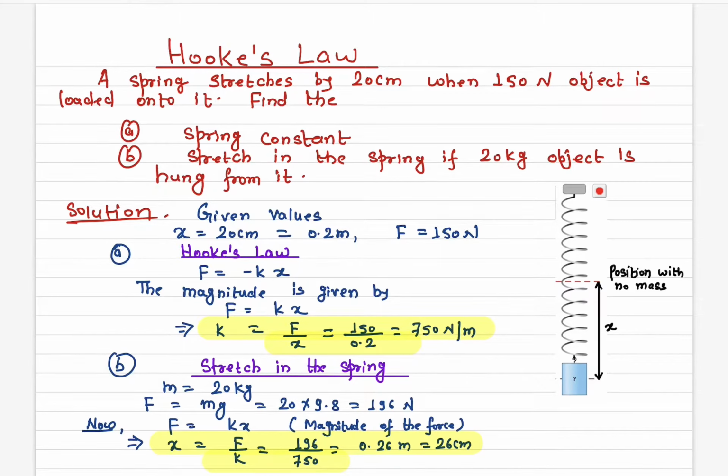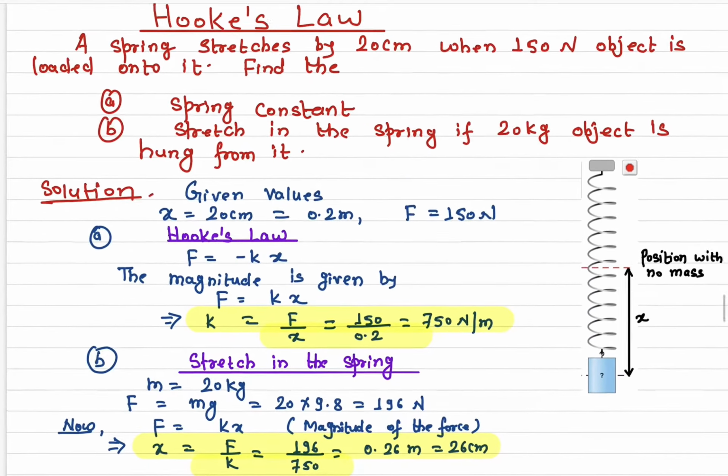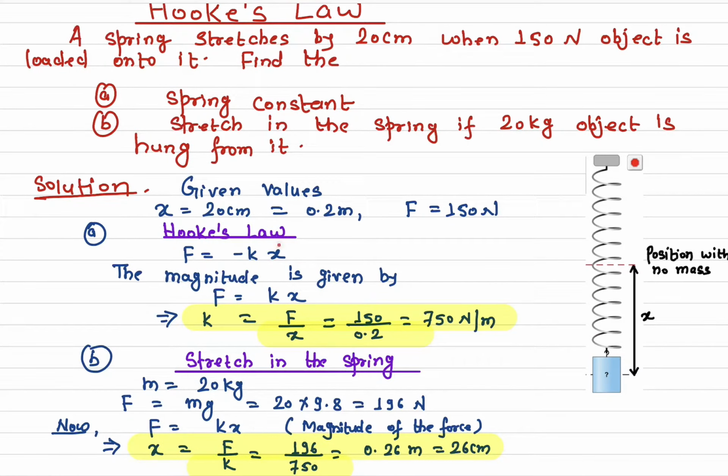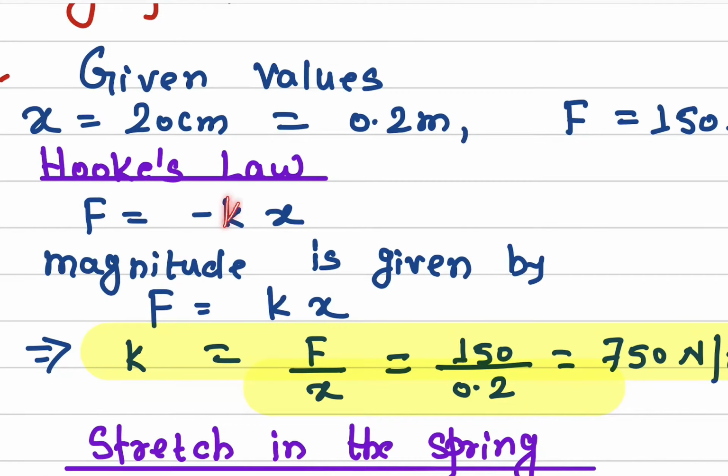And in order to calculate the spring constant from the given force and the displacement, we're going to use Hooke's law. Hooke's law tells you the force is equal to minus k times x. K is called the spring constant, which is a constant for a spring.